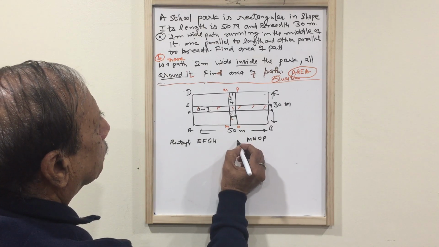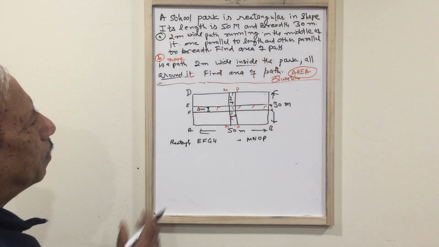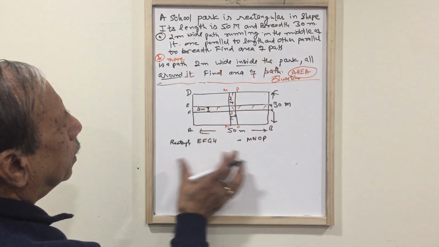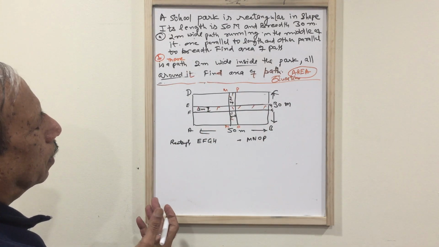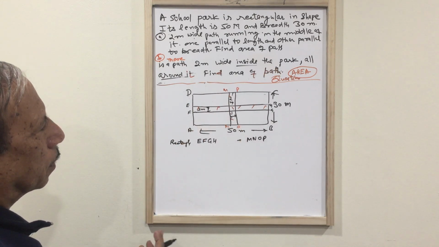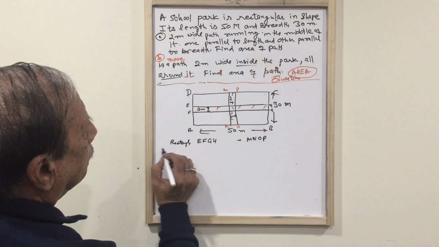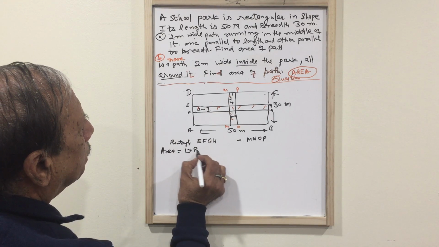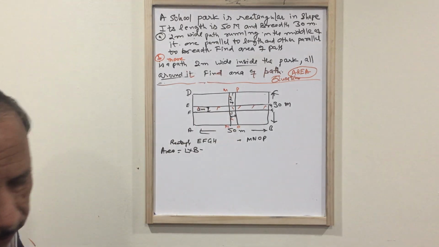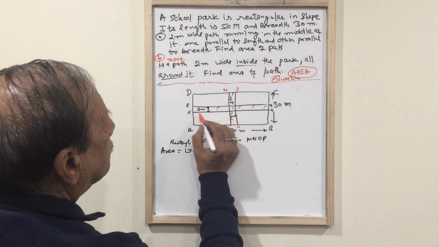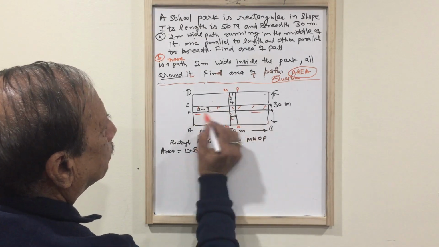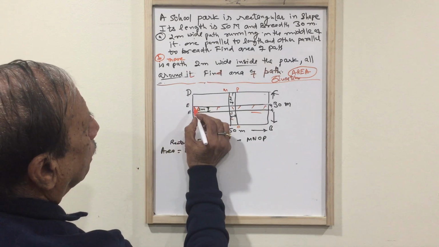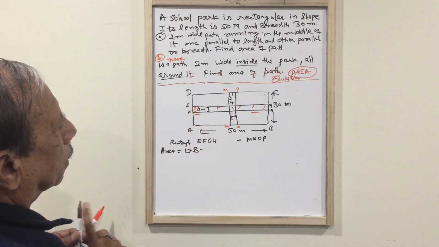If we find the area of these rectangles, then we can find the area of the path. According to the formula, area of rectangle is equal to length into breadth. In the first case, the length is 50 meters and the breadth is 2 meters.